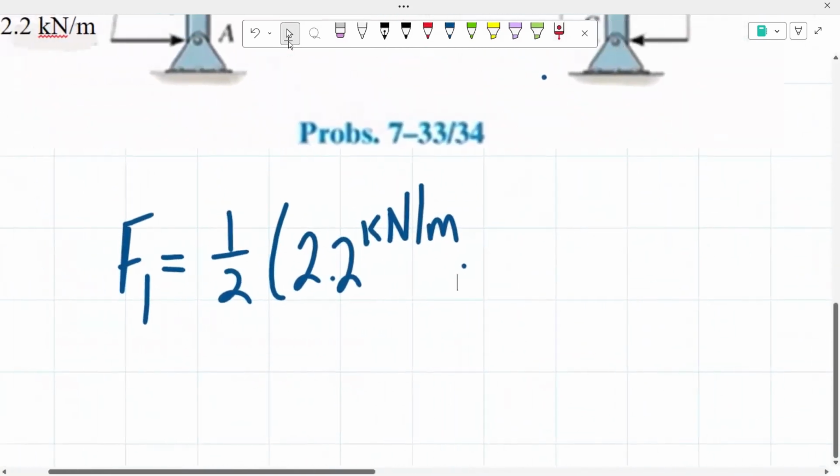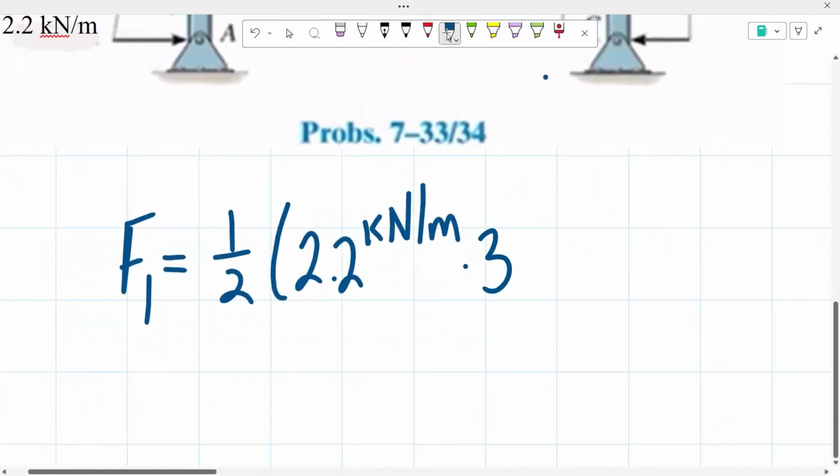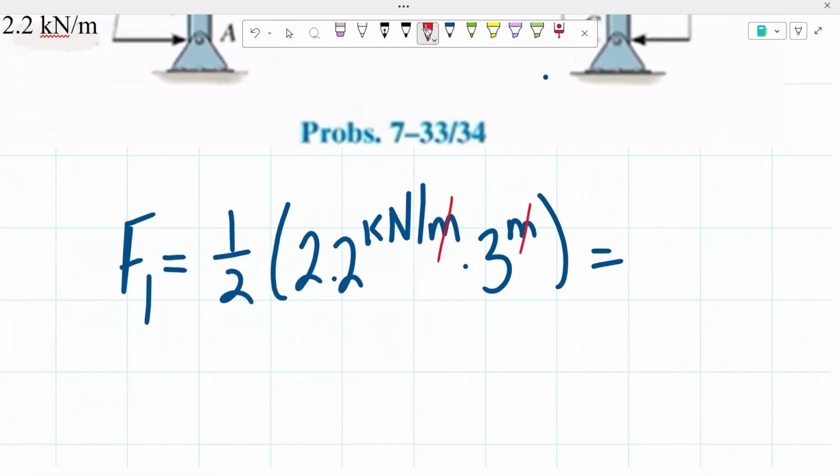So times 3 meters, and our meters cancel out, giving us just the force. So our concentrated force comes out to 3.3 kilonewtons.